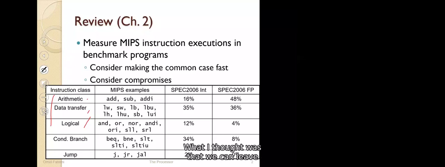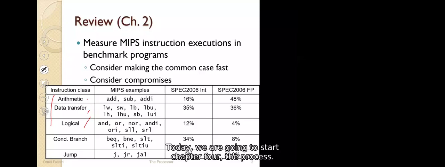What I thought was that we can leave that chapter for now and go faster to chapter 4 and try to build the processor first, so you could work more on your projects. You do have projects for building a processor, and then also you have labs. You can exercise these things in your labs, and then we will go back to chapter 3.